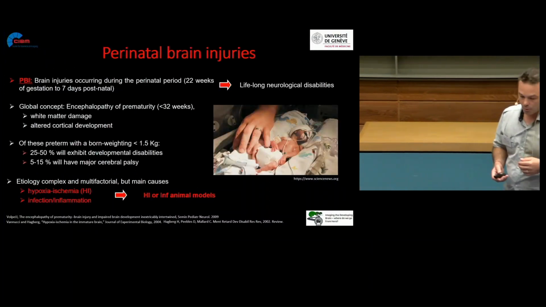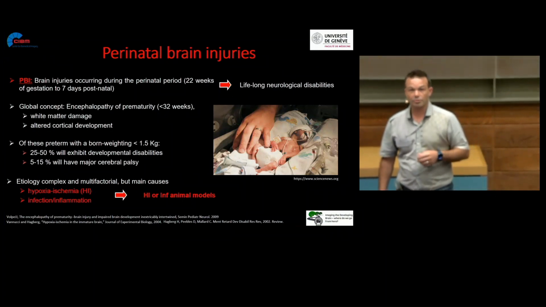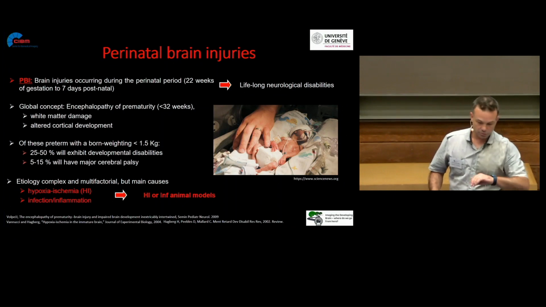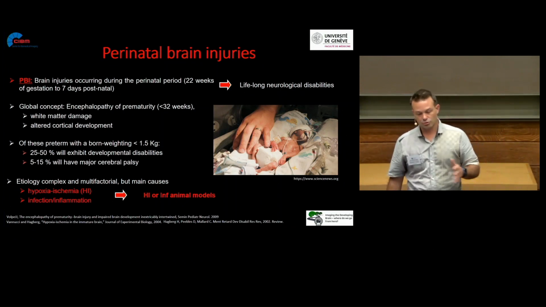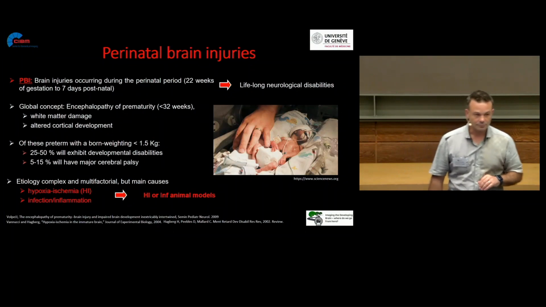Okay, so when we talk about perinatal brain injuries, we talk about brain injuries occurring during the perinatal period, meaning between 32 weeks of gestation to 7 days postnatal, with consequences such as lifelong neurological disabilities.